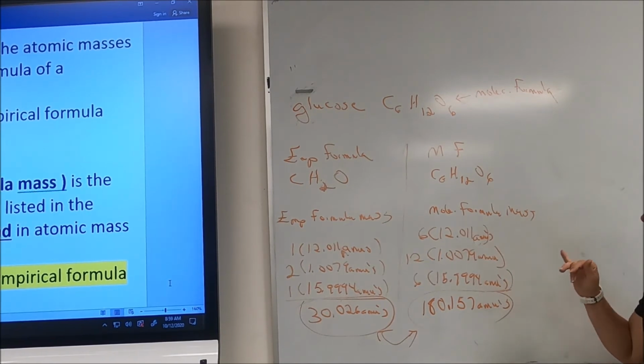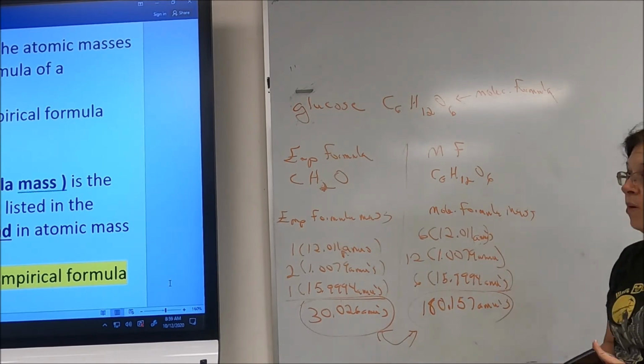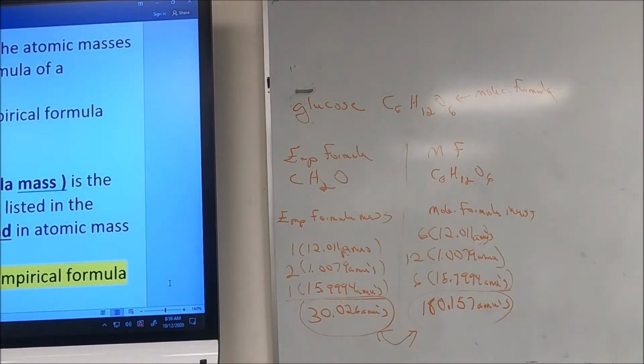Or you could also say if I took the molecular formula mass and divided it by 6, I get the empirical formula mass. Okay? So, empirical formula, molecular formula, empirical formula mass, molecular formula mass.